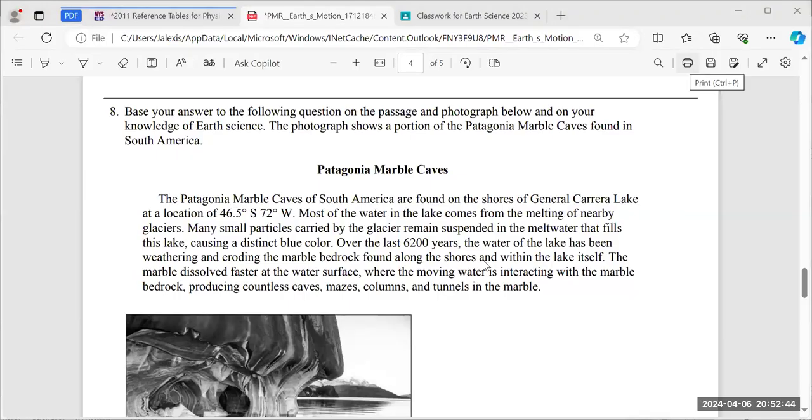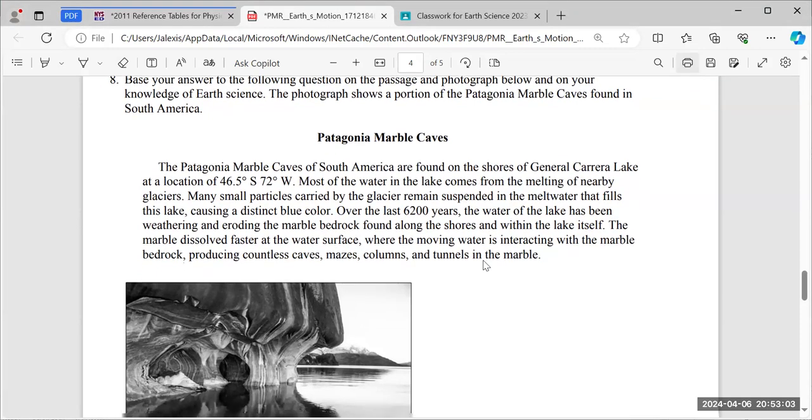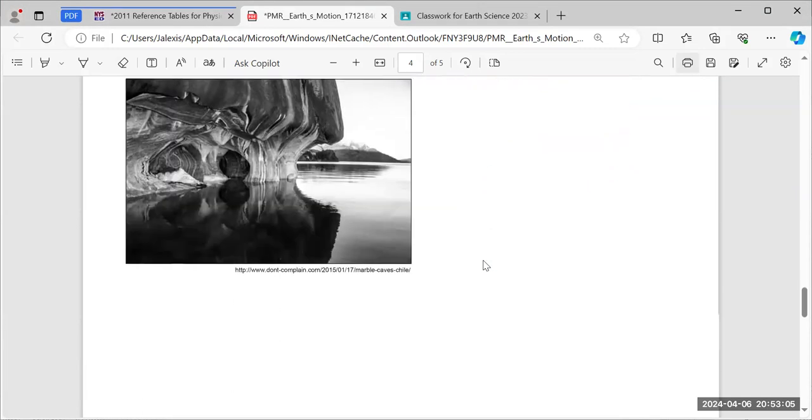All right, number 8 says, base your answers to the following questions on the passage and photograph below and on your knowledge of Earth science. The photograph shows a portion of the Patagonia marble caves found in South America. Let's say you're someone who's reading the background information and doesn't want to read the paragraph, so you just look at the question.